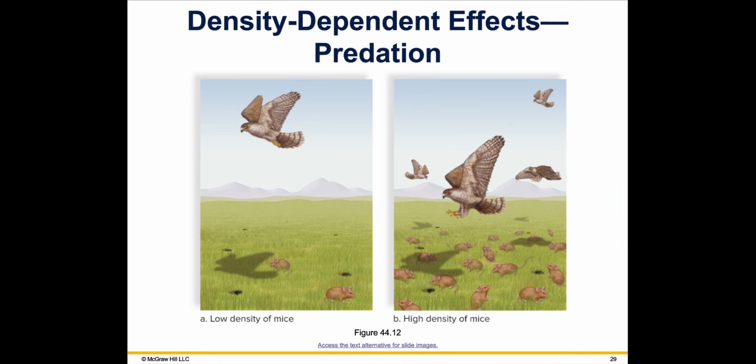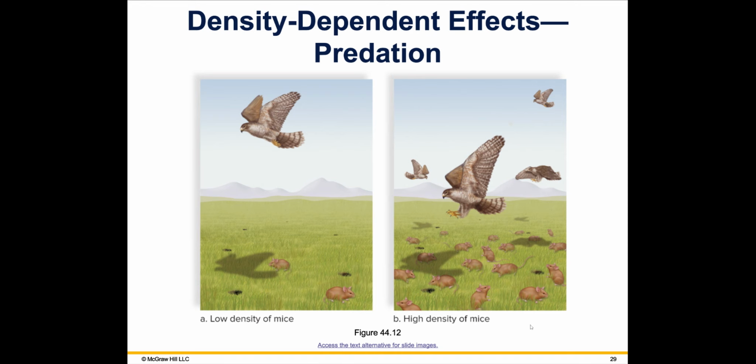Versus a density dependent thing like predation, where if there are 10 holes in the ground and there are only 2 mice and there's a hawk that wants to eat them, well, there's plenty of space for those 2 mice to hide. They're probably not going to get eaten.